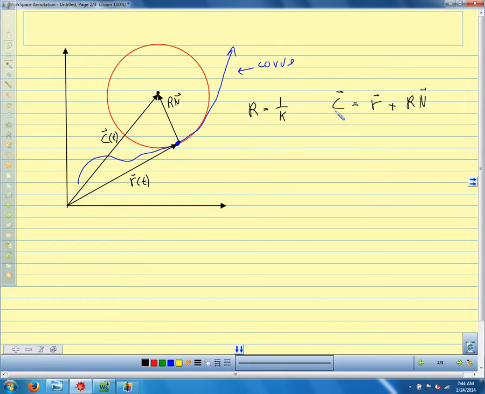So if we're interested in finding the equation of the circle of curvature, this is probably the easiest process that we can use. So again, the osculating circle most closely approximates the curve at point P. Its tangent matches its curvature. The plane that contains T and N is called the osculating plane.